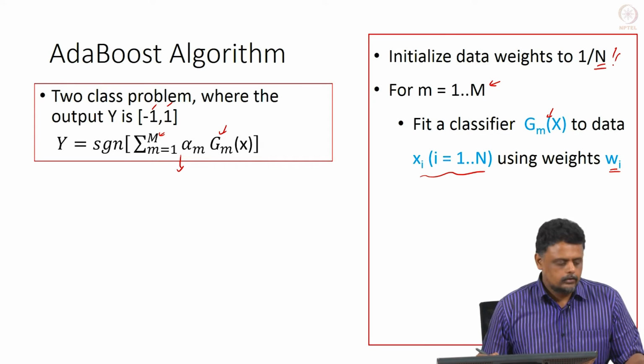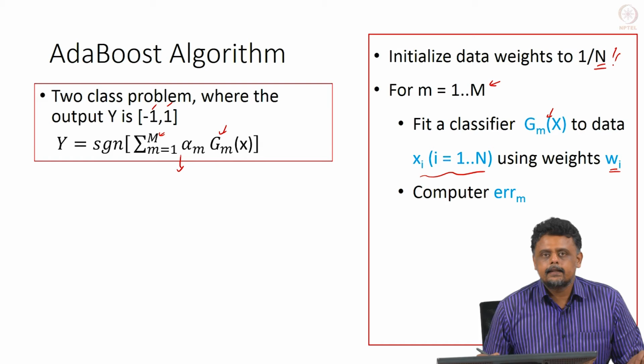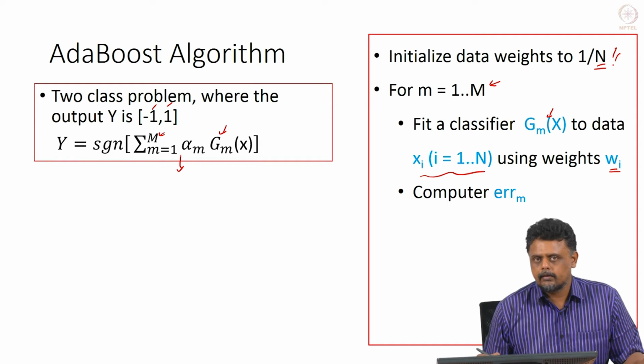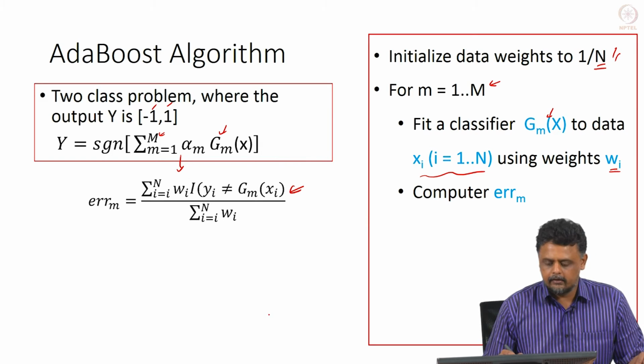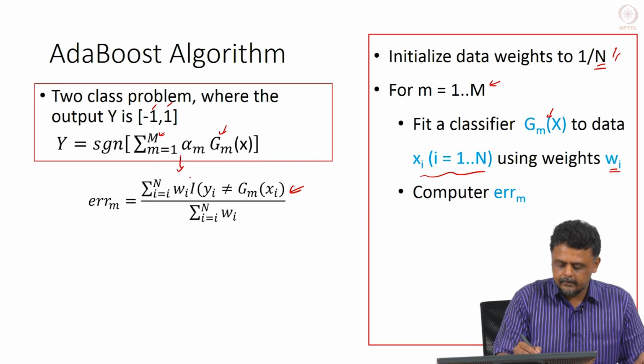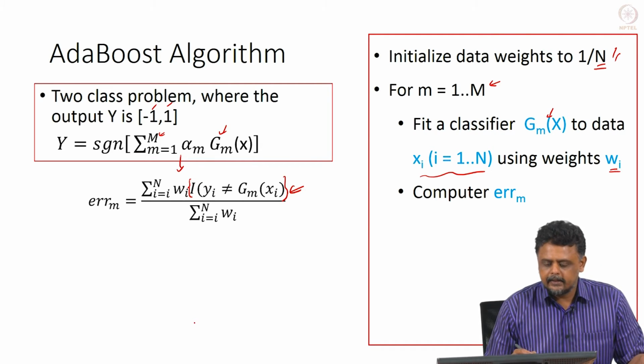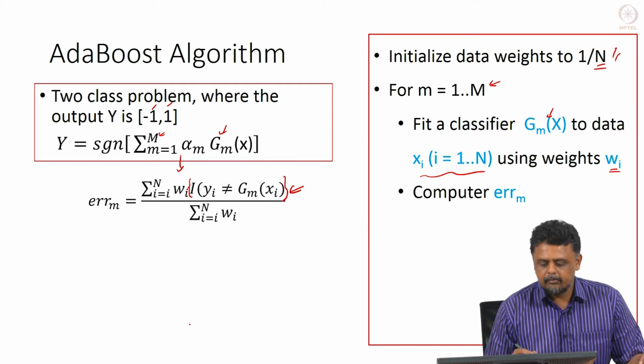Okay. Then we compute this error term after the classification, which is given by this expression. This is nothing but the weighted error term. This expression is nothing but the number of samples that have been misclassified.